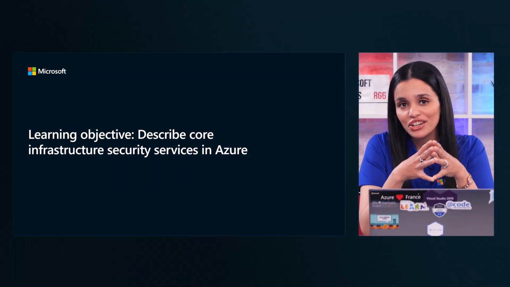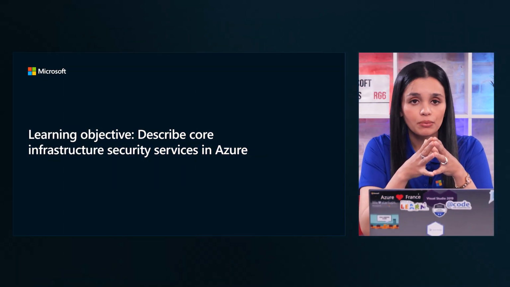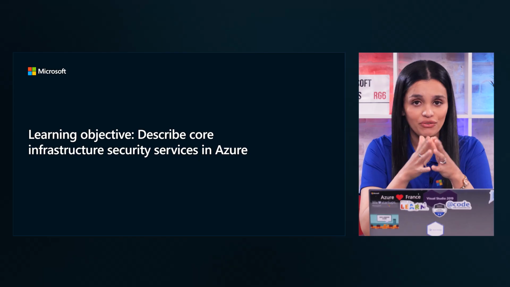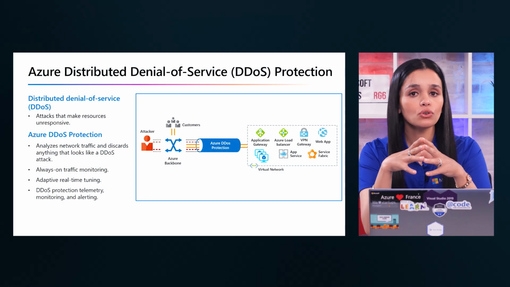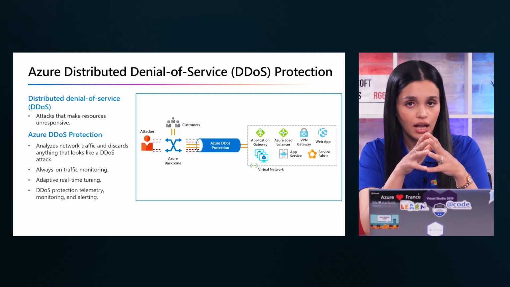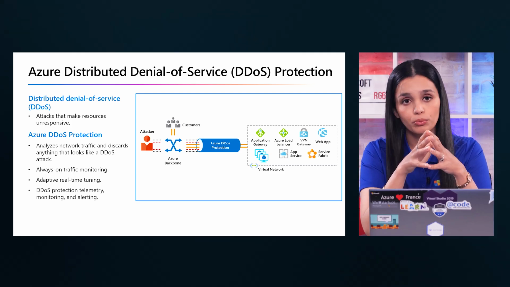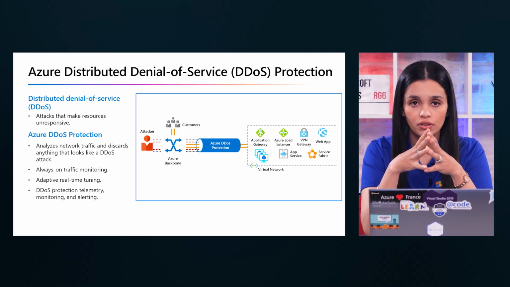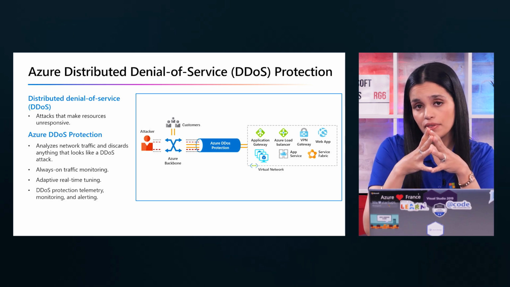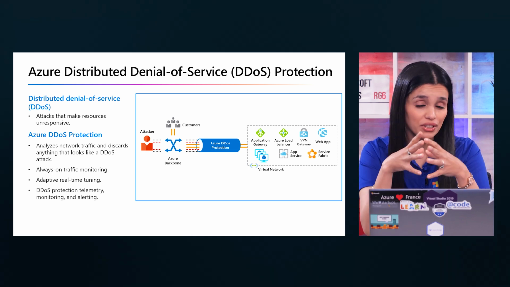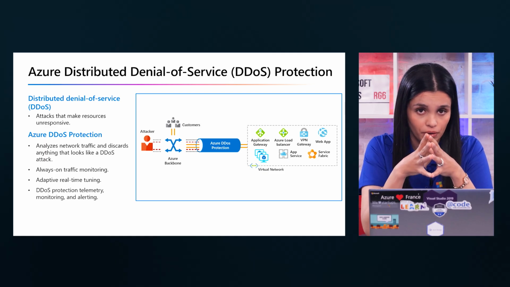In this second learning objective, we will describe core infrastructure security services in Azure. Now let's start talking about one of the tools that we have available in Azure to protect your network environment. Earlier on, we spoke about defense in depth, and we spoke about distributed denial of service attack protection.